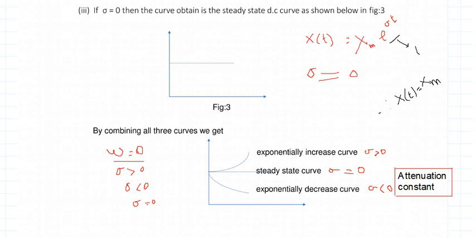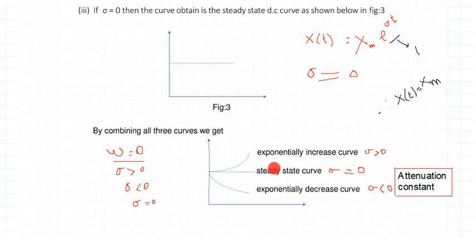That is what is seen here from the curve. For different cases of sigma, we have seen different magnitudes of the signal x of t. When sigma was greater than 0, we got an exponentially increasing curve. When sigma was less than 0, we got an exponentially decreasing curve. When sigma is equal to 0, we got a steady state curve.